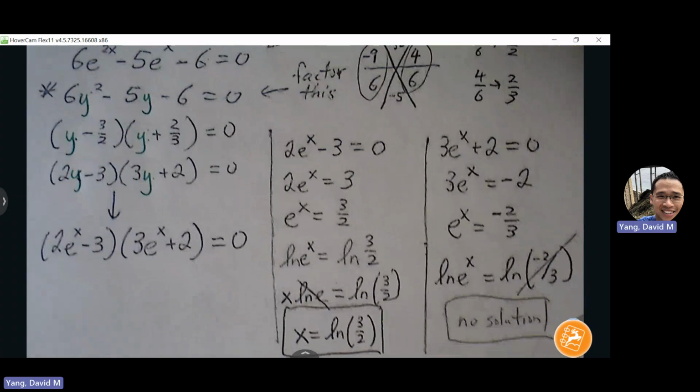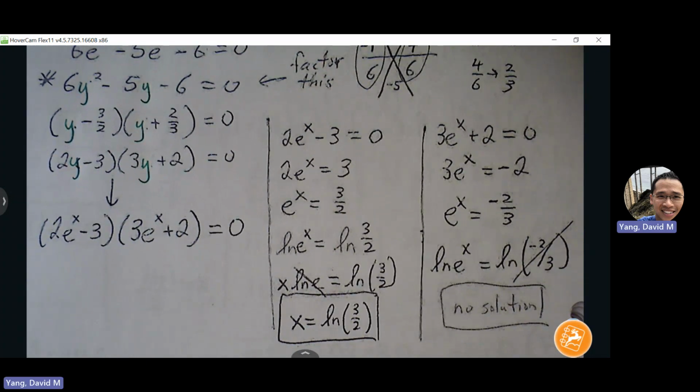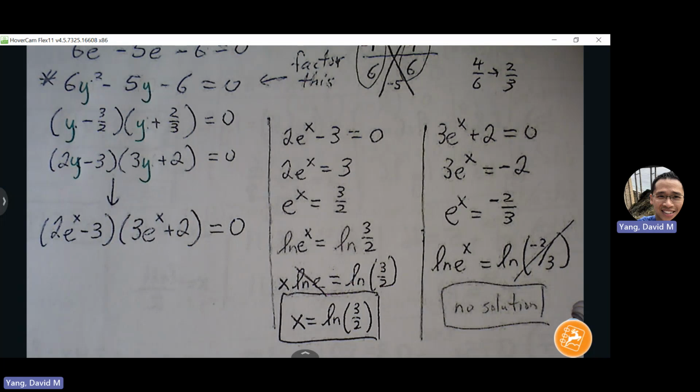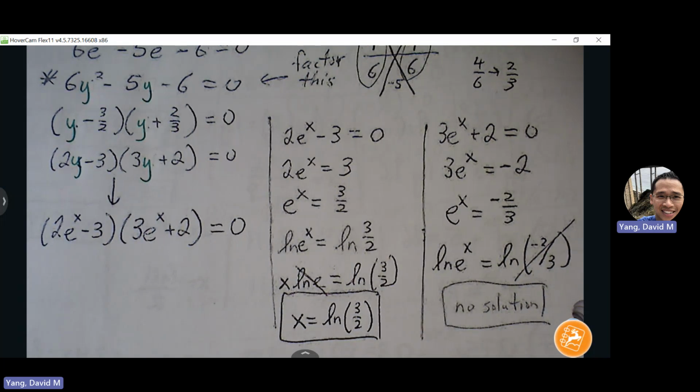So we set 2e to the x minus 3 equal to 0. We set 3e to the x plus 2 equal to 0. One side will give us a positive number, so we can take the natural log of both sides and be okay. The other side, we're going to end up with natural log of a negative number. There's no solution there, so just natural log of 3 halves is our answer.